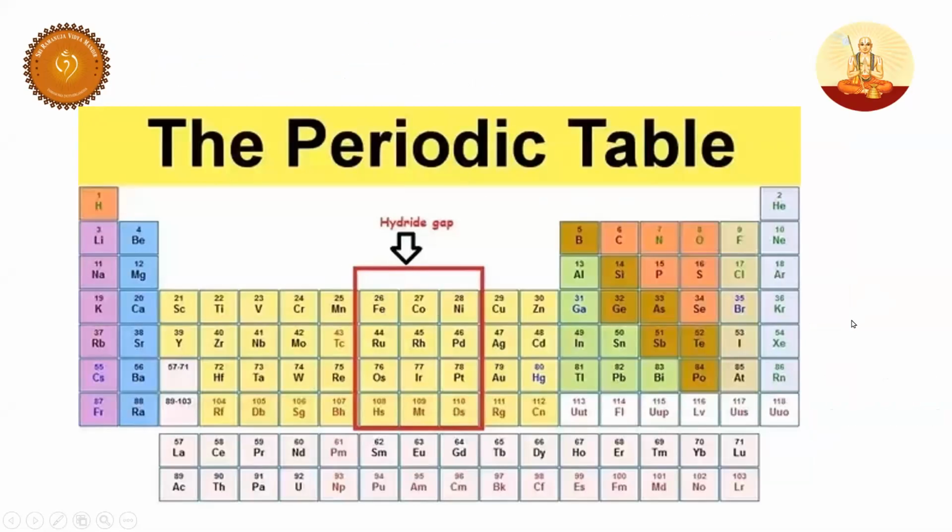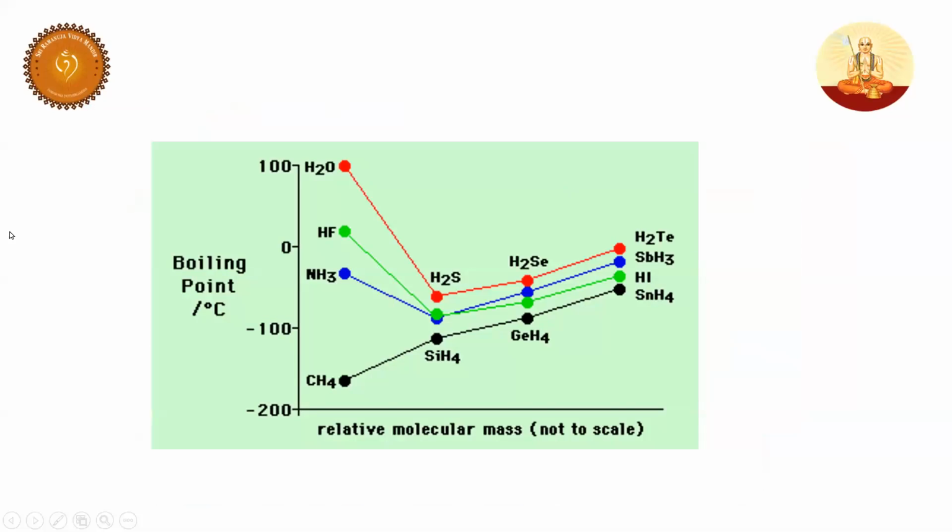Please remember this. Now, very interesting: the boiling points. I don't want to get into the boiling points of the other hydrides, but I would like to highlight the boiling point of ammonia. You can see, students, ammonia has a higher boiling point among the other hydrides. Why?